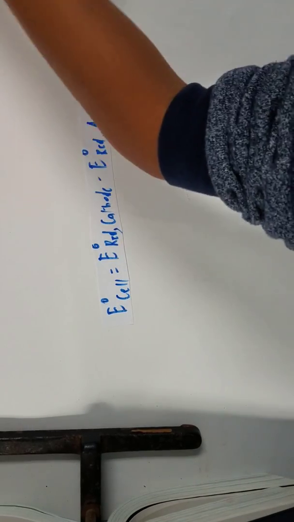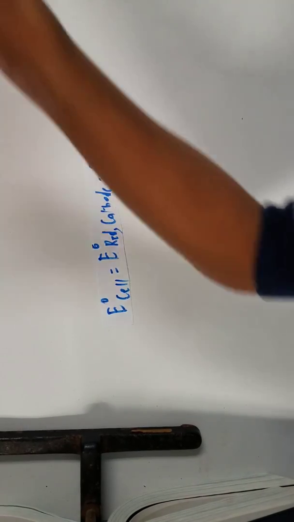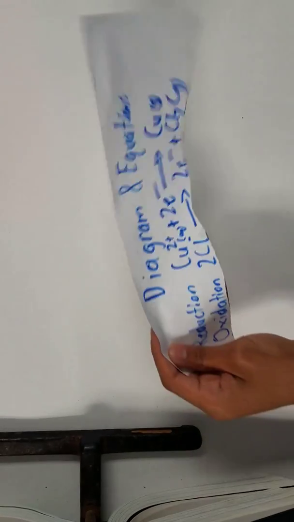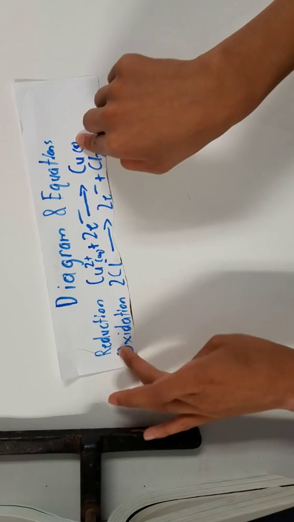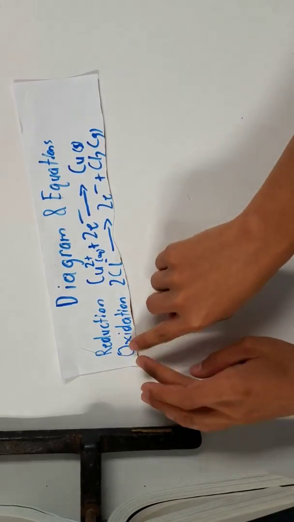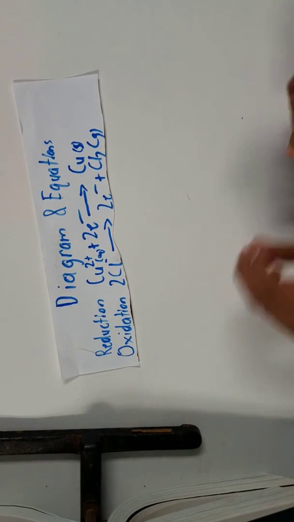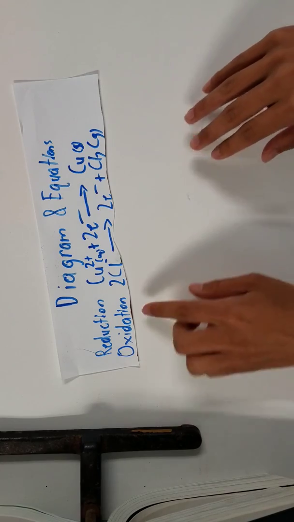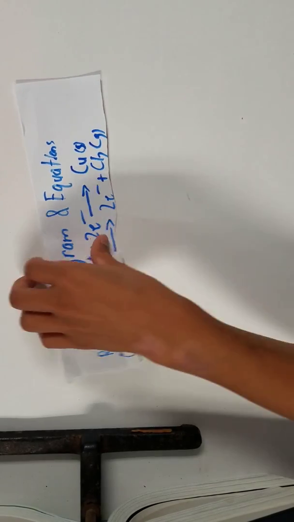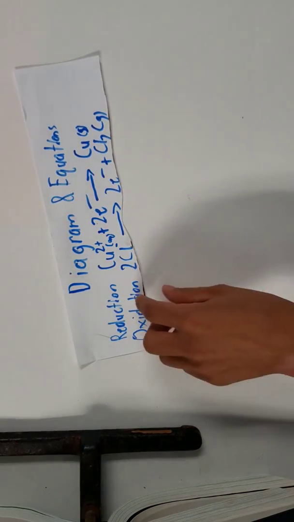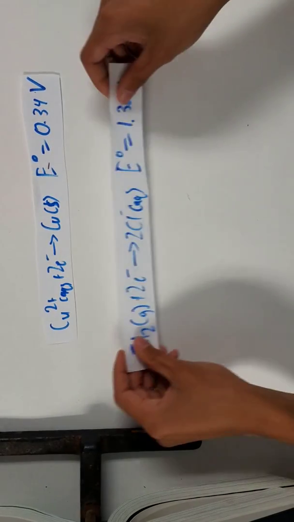As you can see from the previous slide, you have the reduction half reaction and the oxidation half reaction. In order to get the half reaction for the oxidation, you have to flip this reaction around. So the reactions for the cell potential are here and here.